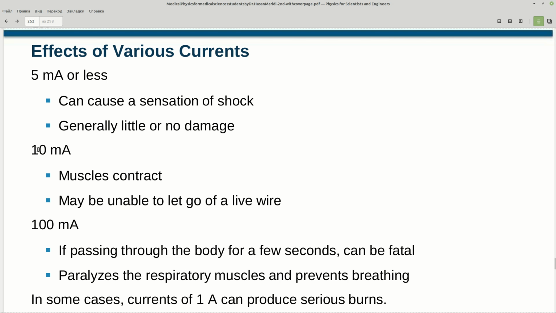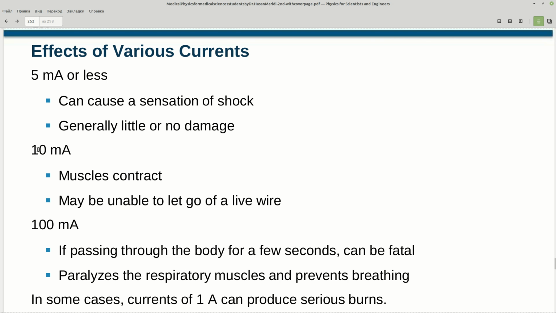In some cases, a current of 1 ampere can produce serious burns. Sometimes these can be fatal burns. Why does it happen? Because of the thermal action, thermal energy, which acts on the skin, which is a good resistor actually, and on the under-skin layers, some fat, human fat.